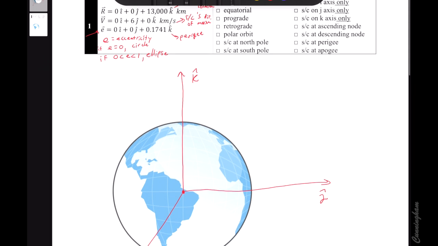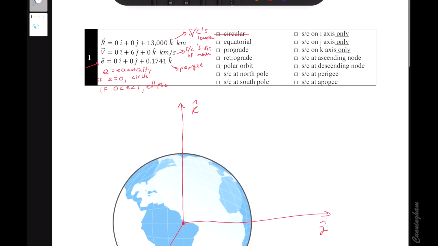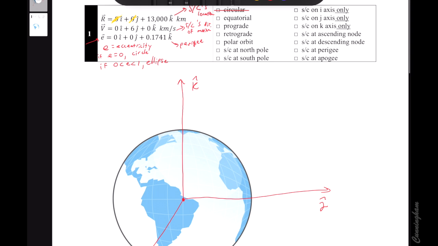So it says we have nothing in the I hat direction, basically 0 I hat, and nothing in the J hat direction, 0 J hat, and our position is basically all K hat, pure K hat. So here I go, drawing the R vector. I'm going to label it because I'm a label monster. I like labeling. It helps keep everything straight. So there's the R vector.